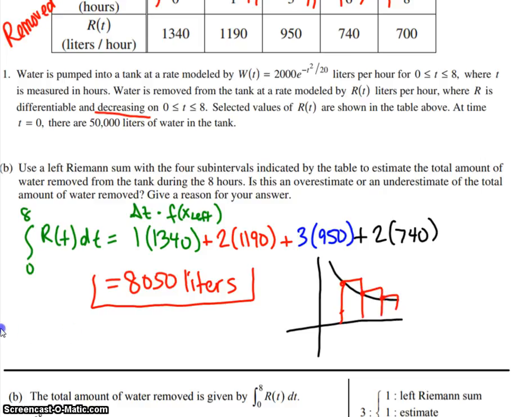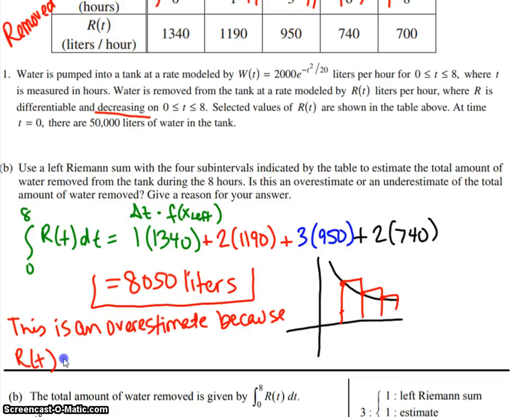And so you would put: this is an overestimate because R of t is a decreasing function.